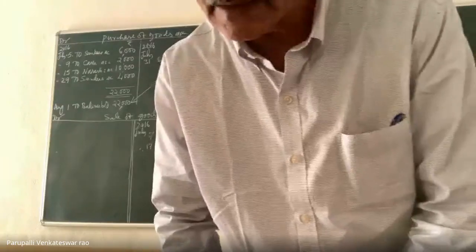Ravi account debtor to sales account. July 30 transaction, sales, credited.